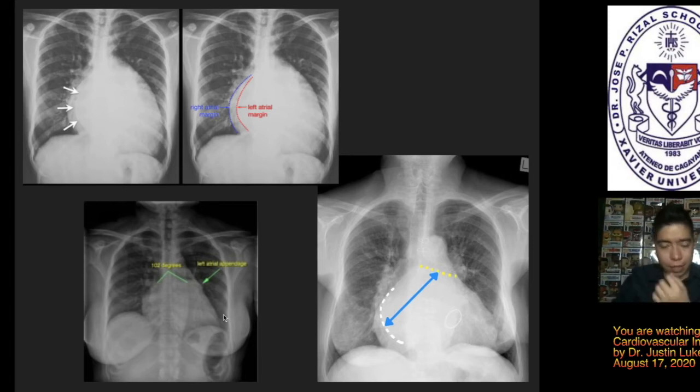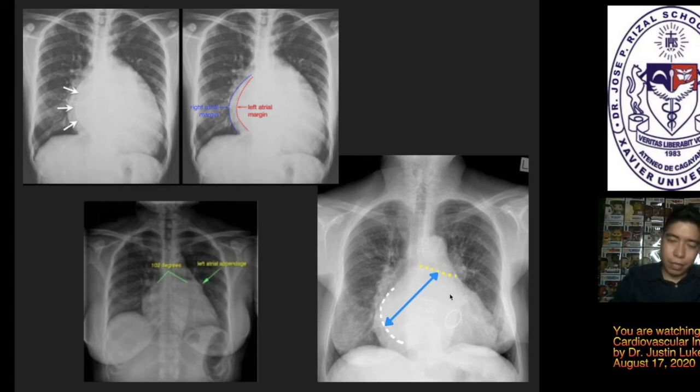Another sign that you can look at is to measure this line. It's taken from the midpoint of the left mediastinum bronchus towards the edge of the left atrial margin when you have a double density heart.